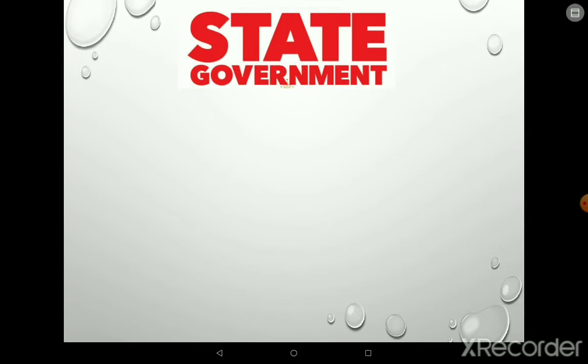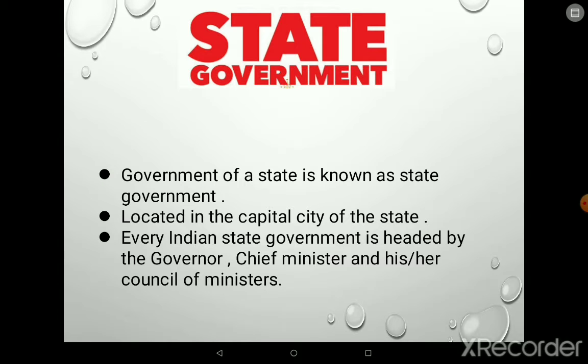What are state government actually? The government of a state is known as the state government, and it is located in the capital of the particular state. Take example the state Maharashtra, and its capital is Mumbai. So the state government is located in Mumbai.